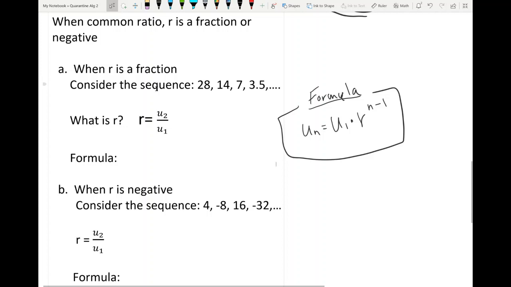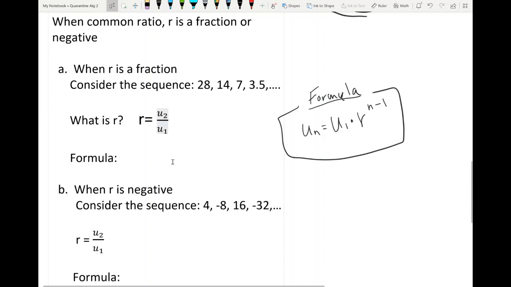Please consider the sequence 28, 14, 7, 3.5, and so on. If I ask you to analyze this sequence, you might say that the sequence is dividing by 2, which is correct. However, in a geometric sequence, we need to express the formula in terms of multiplication. So we are going to stick with the original method right here to find R. R equals U2 divided by U1.